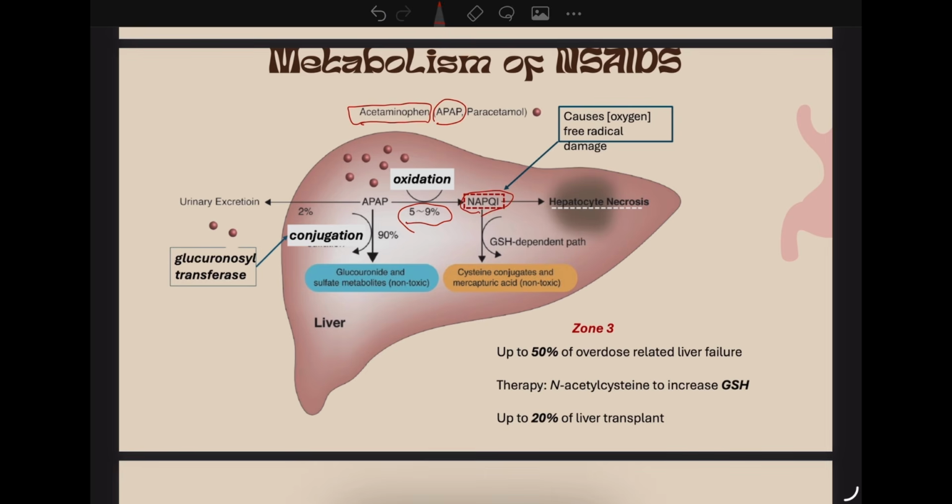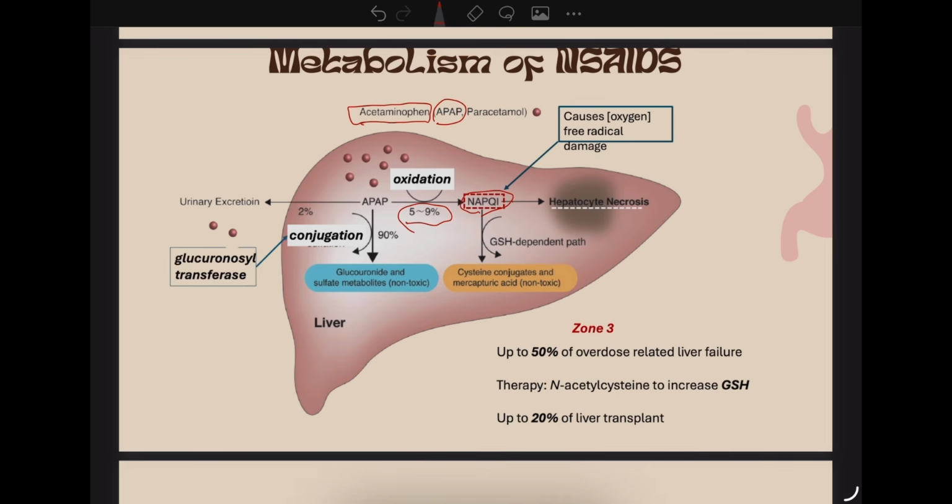What I want you to remember from this is that this NAPQI causes oxygen damage due to free radicals. Free radicals means oxygen damage. Anyways, what neutralizes these free radicals? GSH, which is reduced glutathione. If we have lots of it, we will be able to neutralize this effect, and there will be no damage.